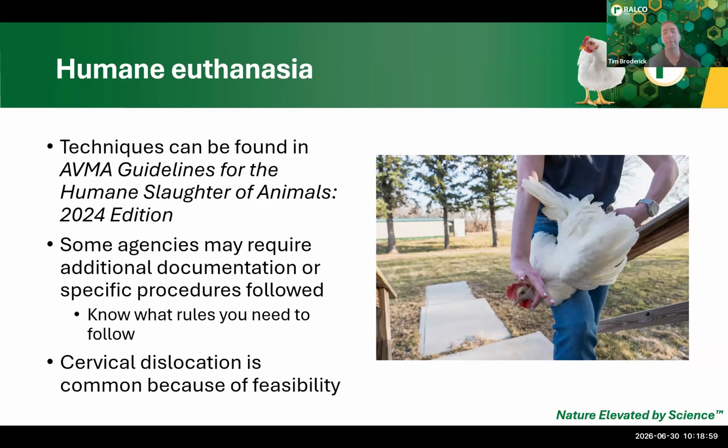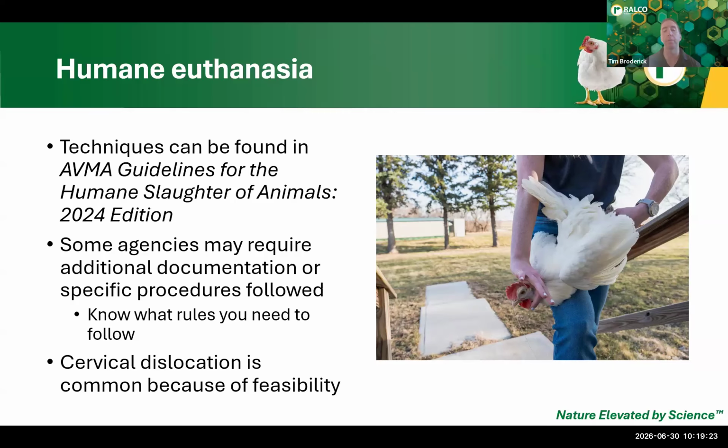So going from that bird that we're seeing in the environment, alive or recently deceased, to euthanasia. For any bird that's live that we're going to be posting, it is important that you follow either AVMA guidelines for humane slaughter or whatever is dictated within your individual programs.